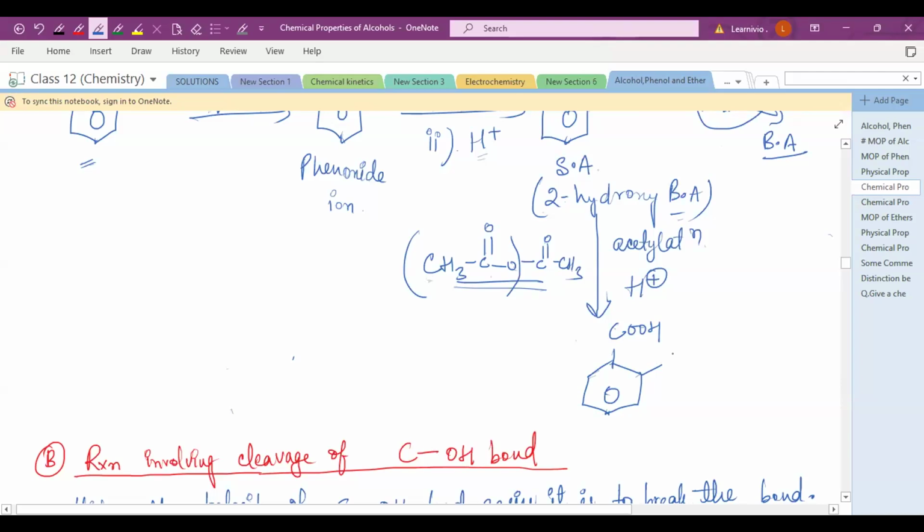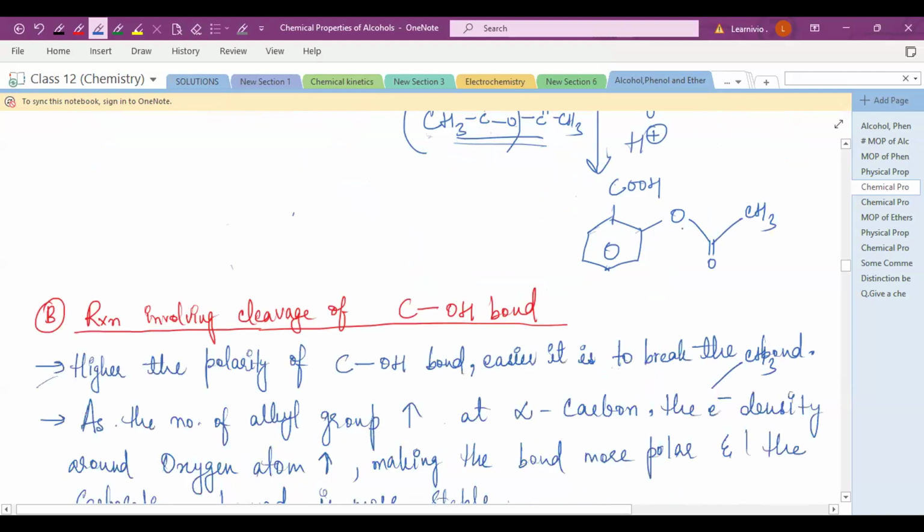So just attach this. This is the oxygen, then your carbon, oxygen, and CH3. This is the acetyl group. So just attach this acetoxy group, as you can say. This COO is the ester group. So the acetoxy group is on the ortho position. This is the first.